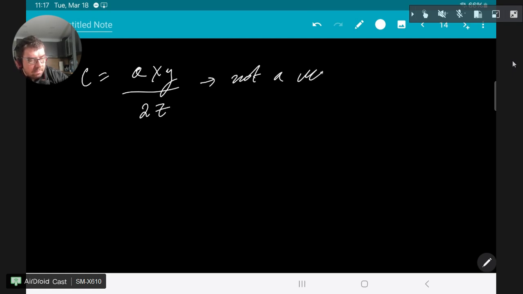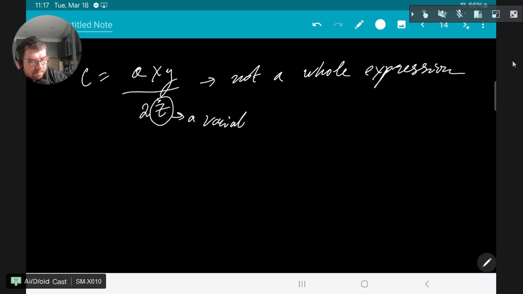But if I have this one, a x y over 2z, okay, this is not a whole expression, because I'm counting the z as a variable, okay, variable.